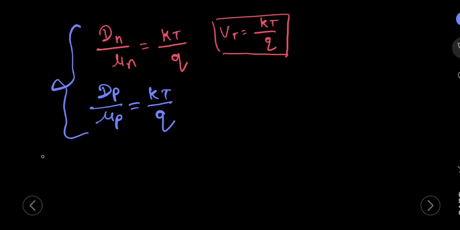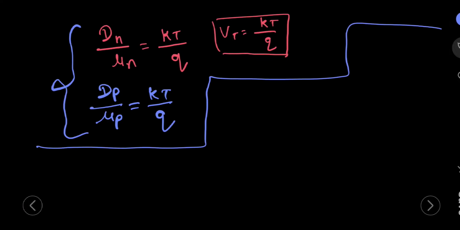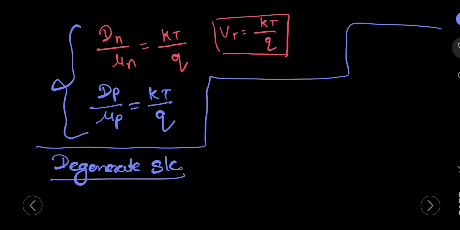Now we will talk about degenerate and non-degenerate semiconductors. A degenerate semiconductor is when dopant atoms are more and more.